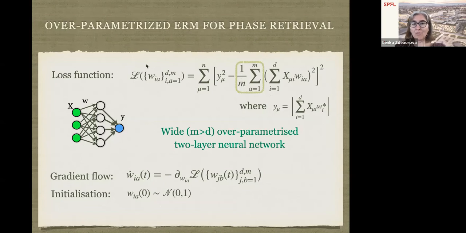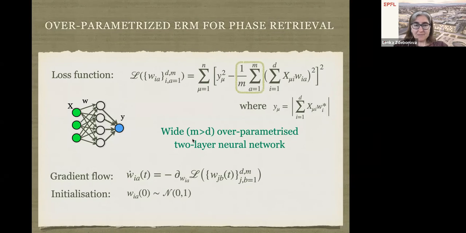That's our new over-parametrized loss function. For the results that I'm going to show you to work, we actually need the number of hidden units m to be bigger than the dimension. Not much, by 1 is enough, but we need it to be bigger.